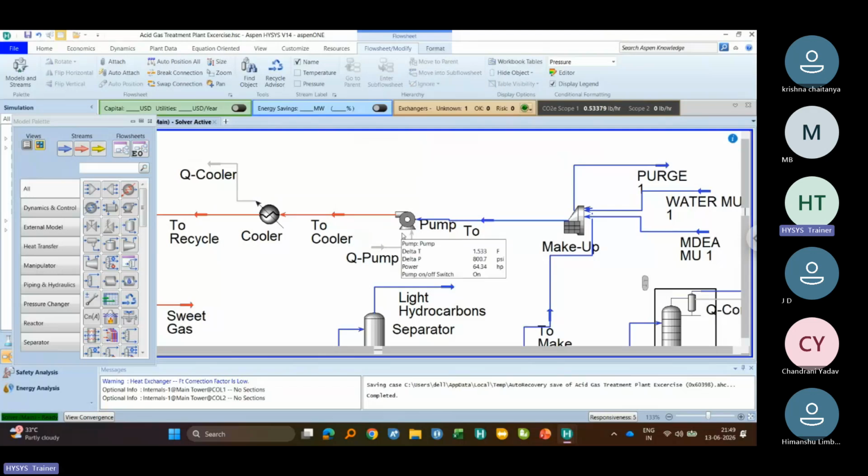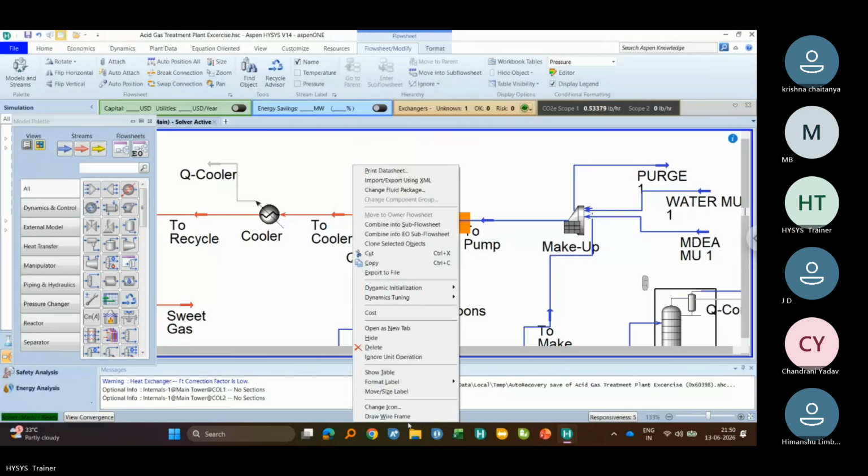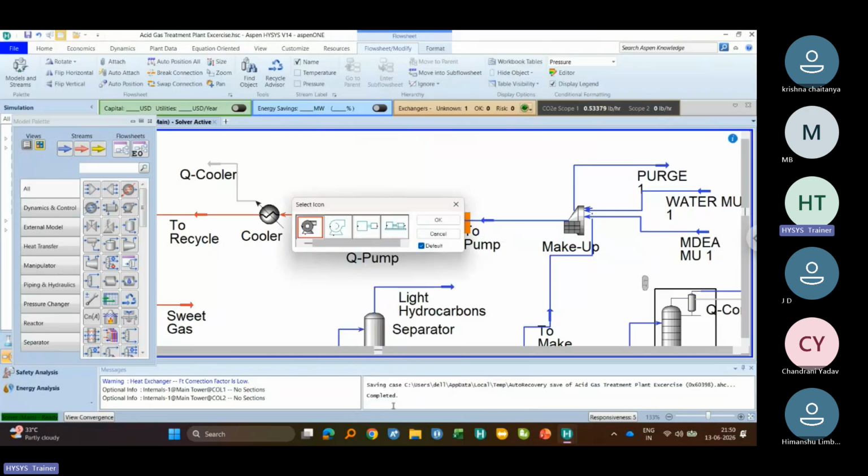So what I can do is just click on this pump, right click, change icon. You can see that there is an option called change icon over here. Just click on that and you can see there are some options that are given to us. This is the default icon.